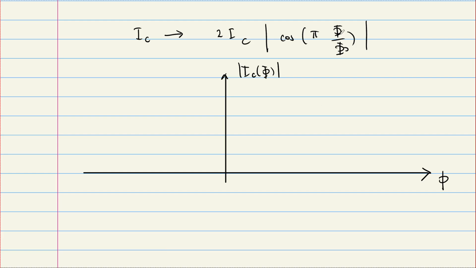If I have flux 0, I have maximum. So this is 0, this is phi naught, this is 2 phi naught, this is minus phi naught, minus 2 phi naught.